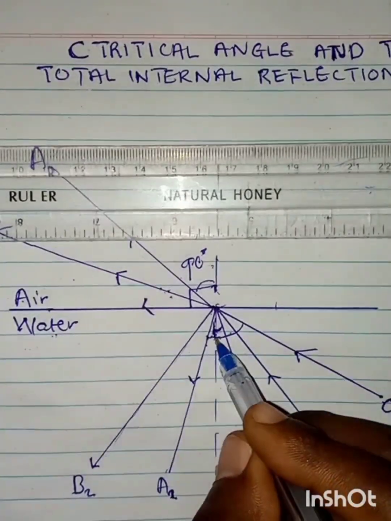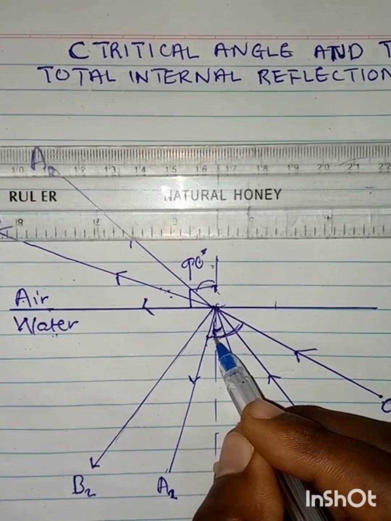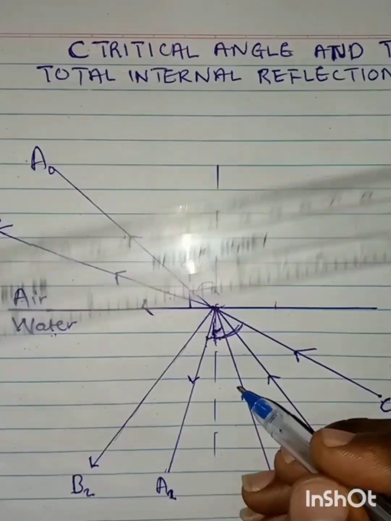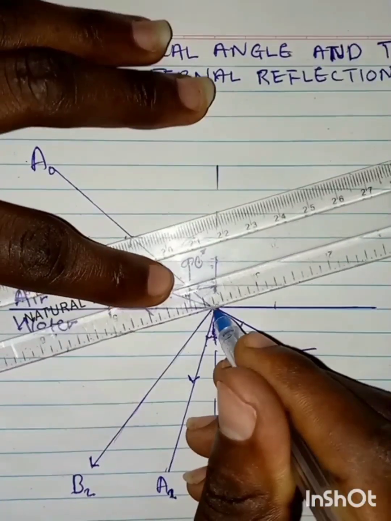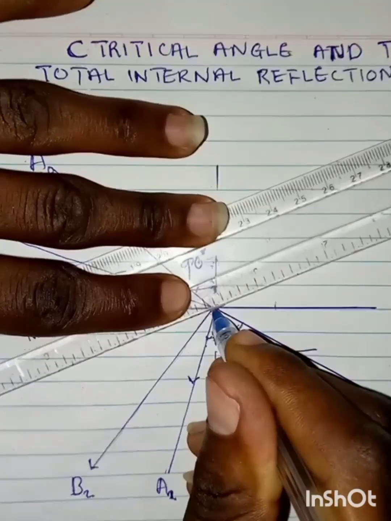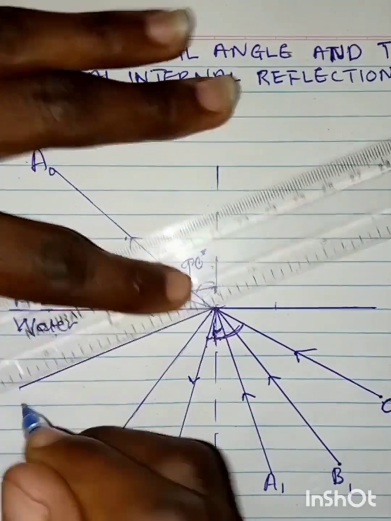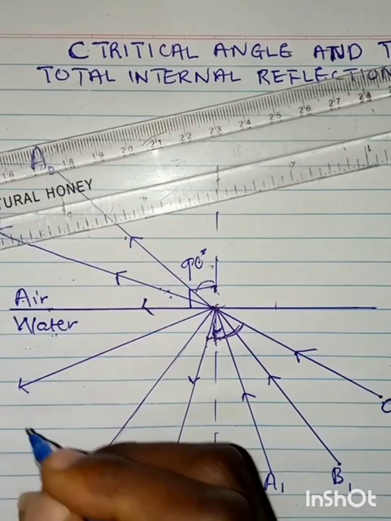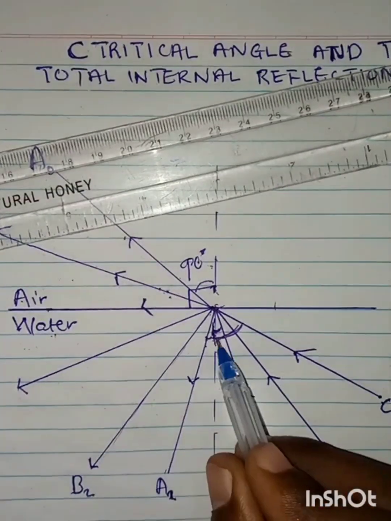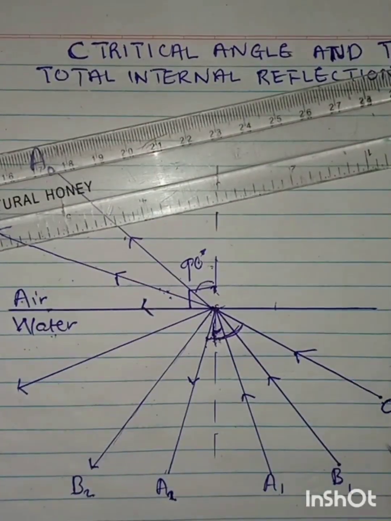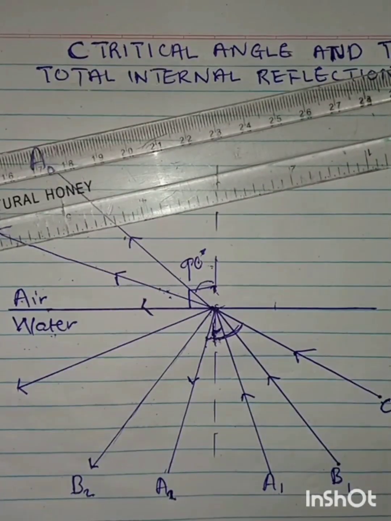And if the critical angle is exceeded, we will find that all the light will be reflected internally within the more dense medium. This happens only when the angle of incidence exceeds the critical angle.